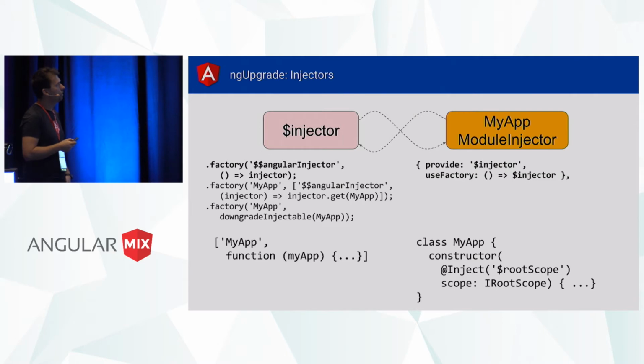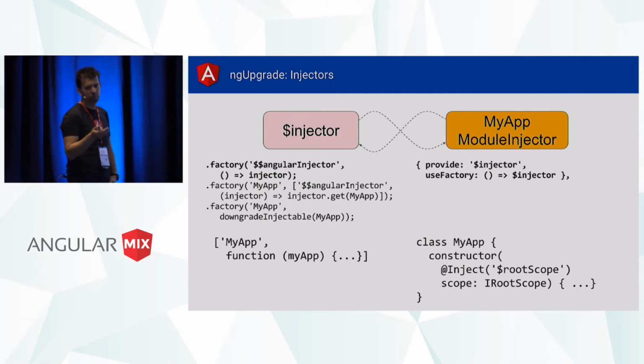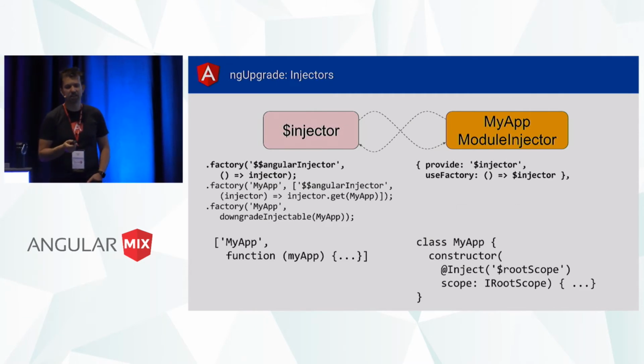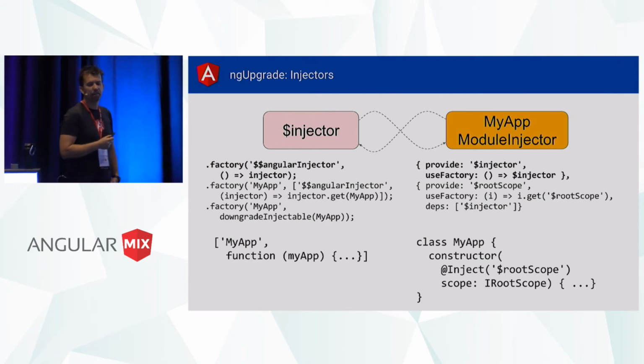And the same exact thing works in the reverse order as well. So if you have a $injector, and you want to provide it, you simply have a factory like this. Again, this is set up for you automatically. And then we can also provide, for example, a root scope so that you can inject that. And again, you can see how we just get a hold of the other injector and then pull up whatever we need from the other location.